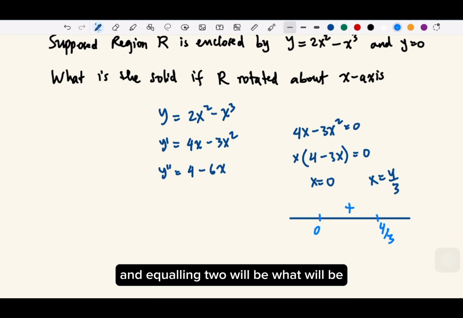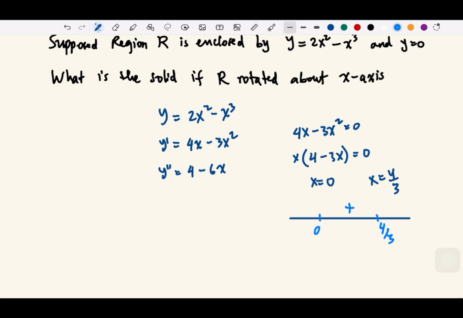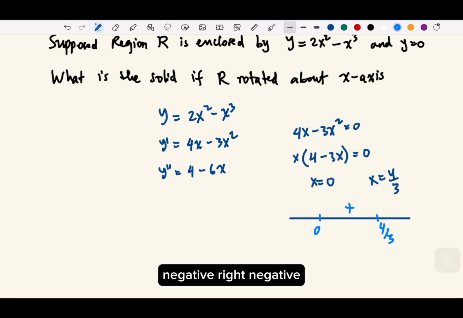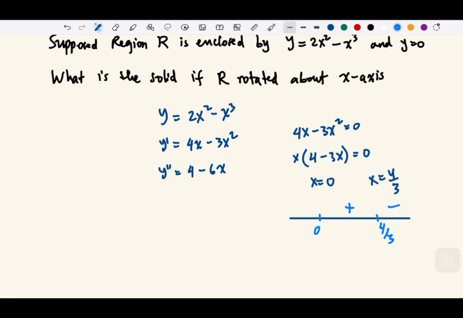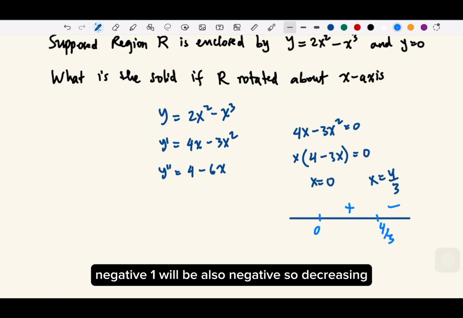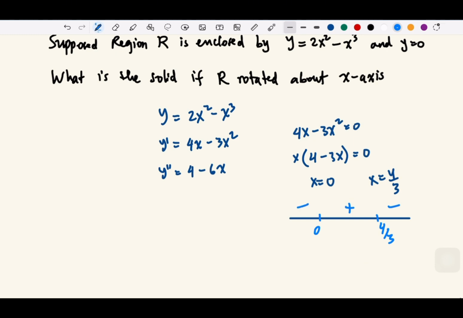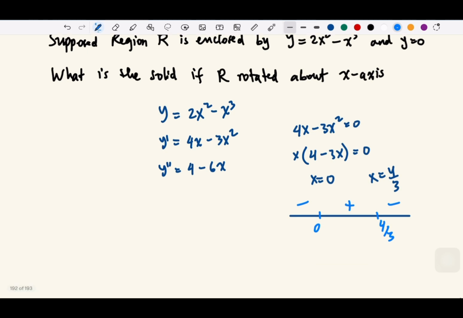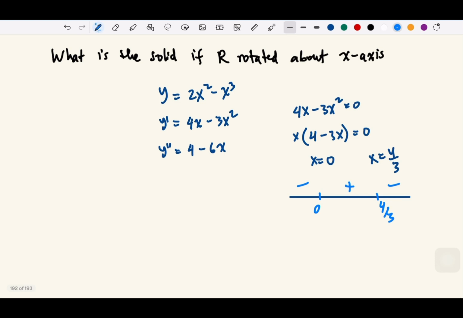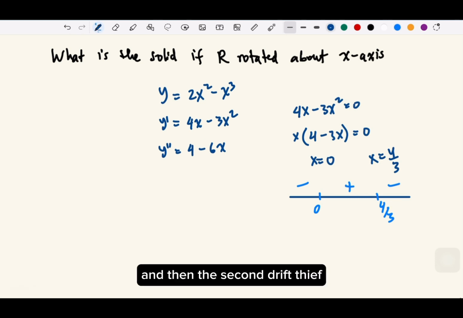And at x equal 2 it will be negative, right? Negative. Negative 1 will also be negative. So decreasing, increasing, decreasing. And then the second derivative.